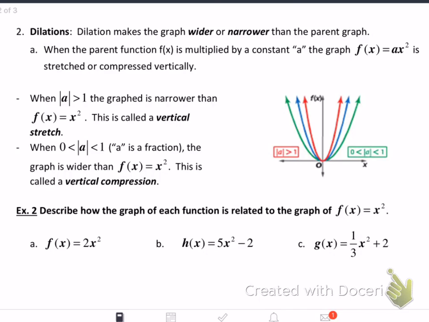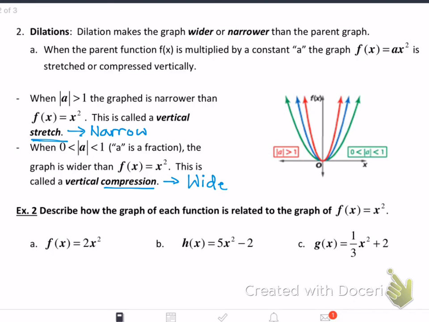That's just a fancy mathematical term for it becomes more narrow. Now, if you have a fraction as your a, something between 0 and 1, then that's something called a vertical compression, which is another fancy word for it becomes wider.